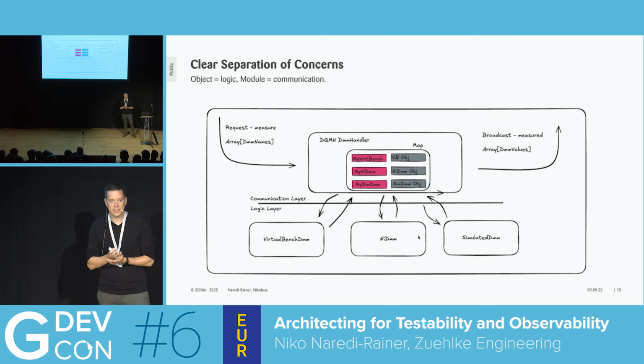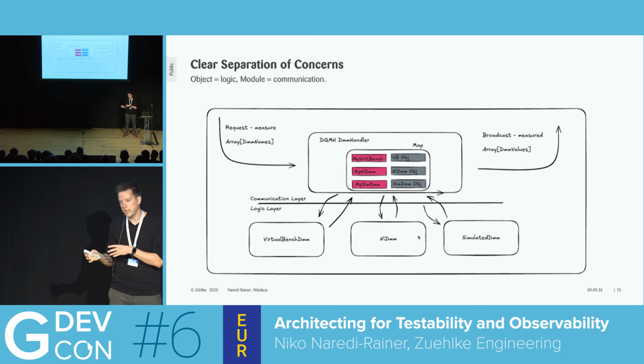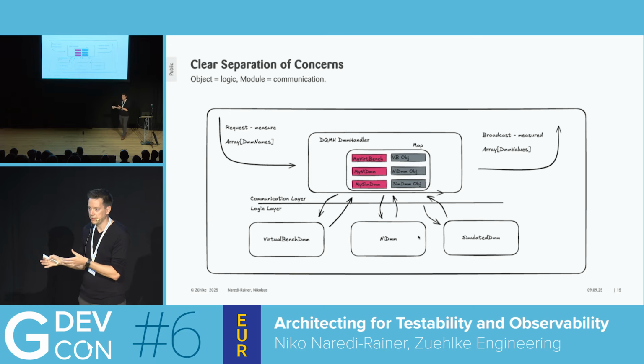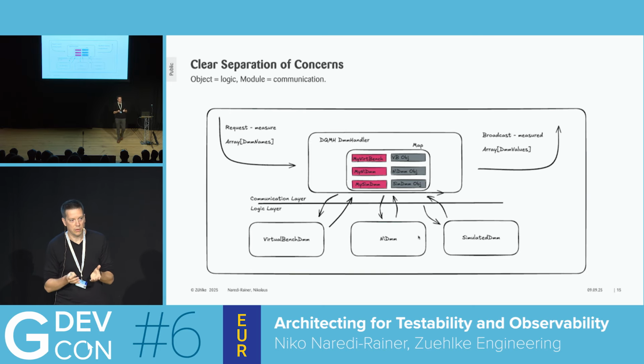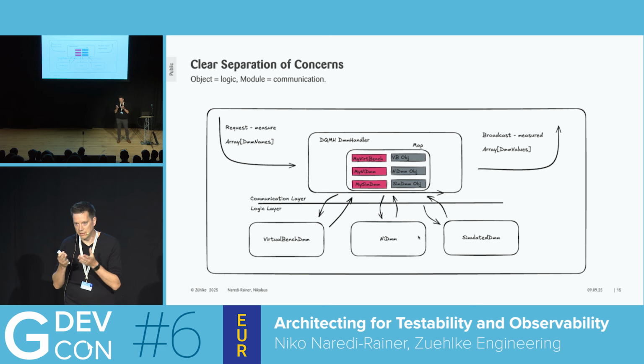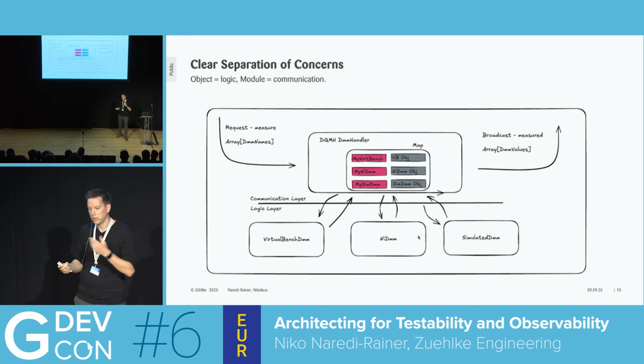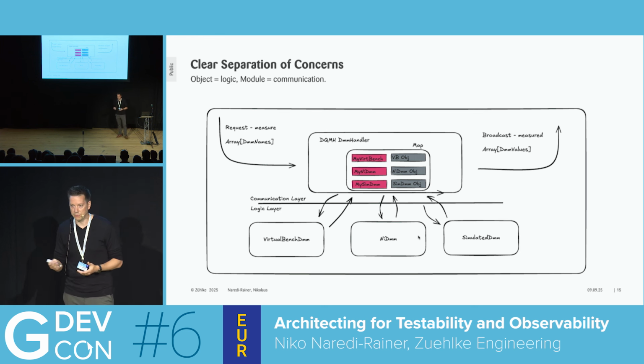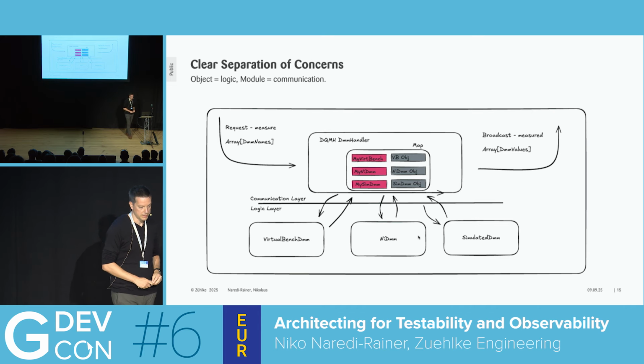And for me, that is a very nice separation of concerns, because the DQMH module is purely for communication. It does not know how to measure. That's what the object is actually for. The DMM object knows how to measure. The DQMH module just knows how to receive and reply to that request.